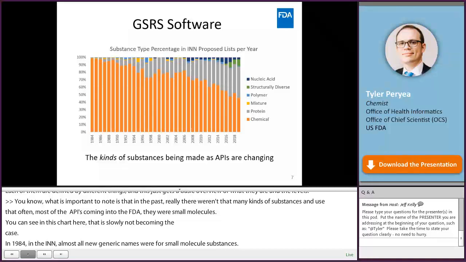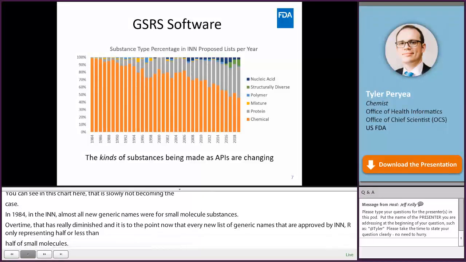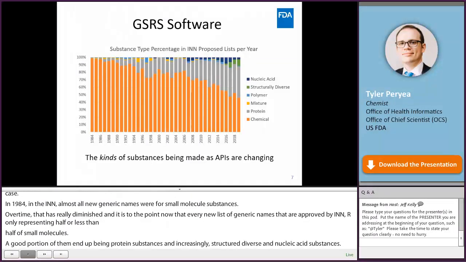And a good portion of them end up being protein substances, and increasingly structurally diverse and nucleic acid substances as well. So it's important that we get a handle on all of these kinds of substances. We can't just stop the line at chemical small molecules.